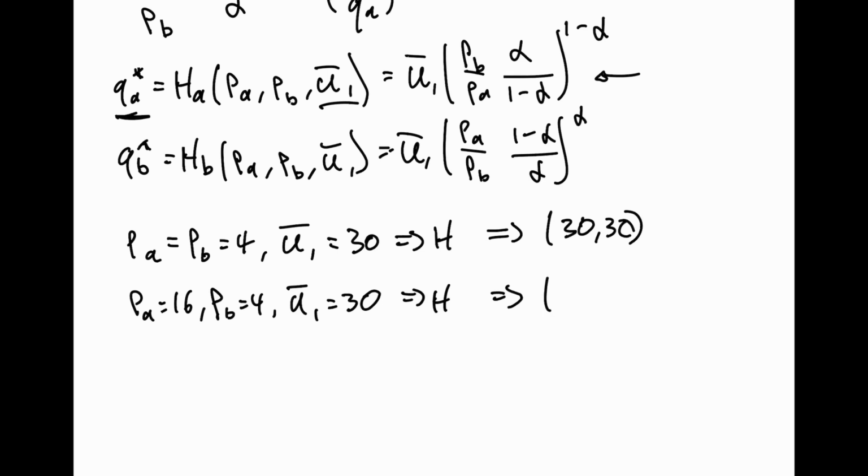This gives us 15 and 60. Okay, so you'll notice we've actually increased our quantity B. So why is this happening?